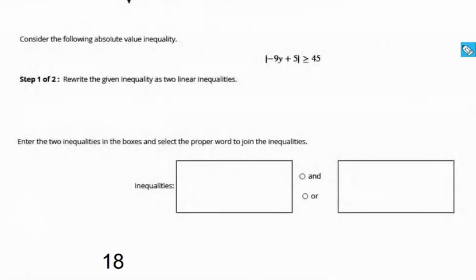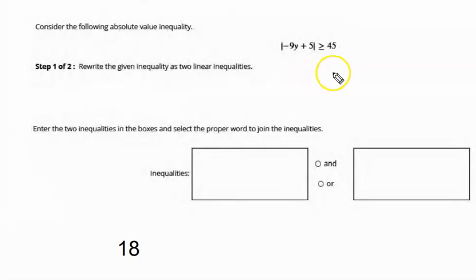For example 6, we have another inequality here, and I'm going to go to red because I like red. And they want us to write it in these two boxes. Now remember, this is a greater than, so this is a union, and it's also equal to, so it would be a solid line, or in this case it's only one letter, it's going to be a bracket. But let's put it in its proper form here. Now this is similar to the one we did, again, except this is union.